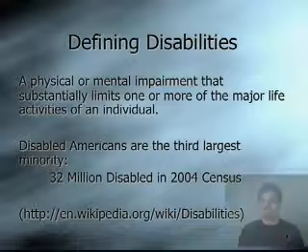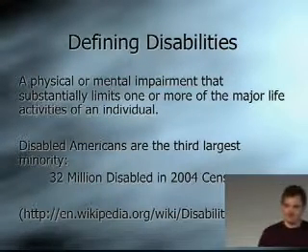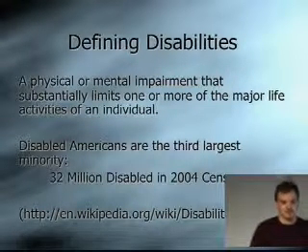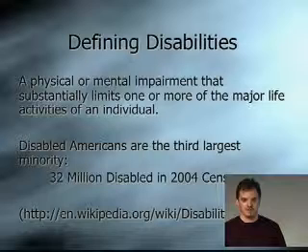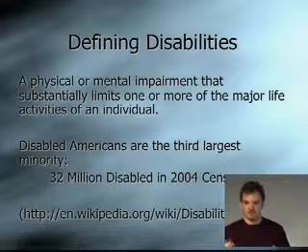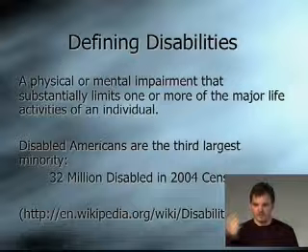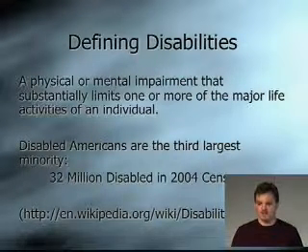So, defining disabilities. I'm going to use these slides just for your reference, just look at them, but I'm just going to give you a general overview. Disabilities basically are things where you either have issues with your senses, like seeing, hearing, tasting.